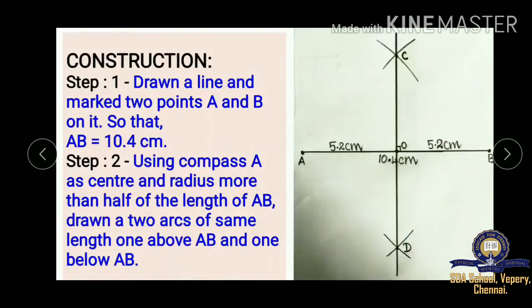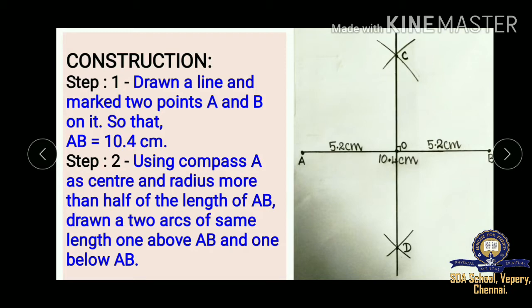We move on to our construction part. Step 1: take a scale and draw a line segment of 10.4 centimeter and mark the 2 points A and B so that AB is 10.4 centimeter. Step 2: take a compass with A as center and the radius more than half of the length of AB.